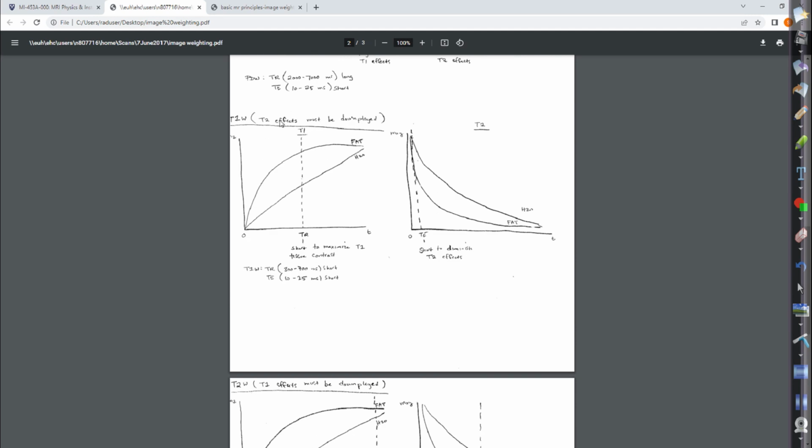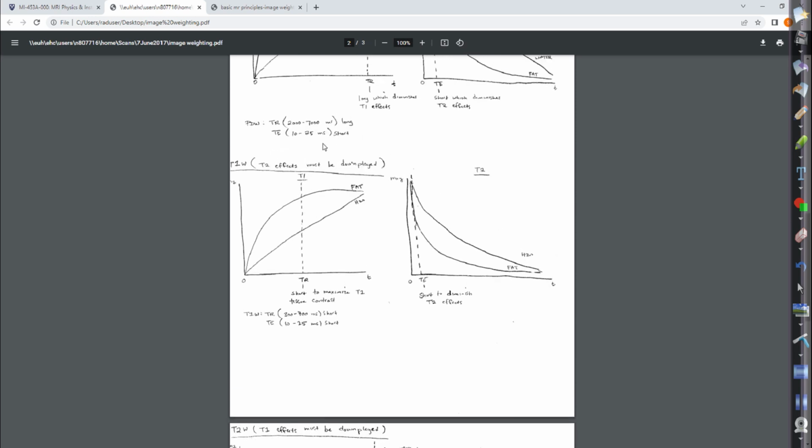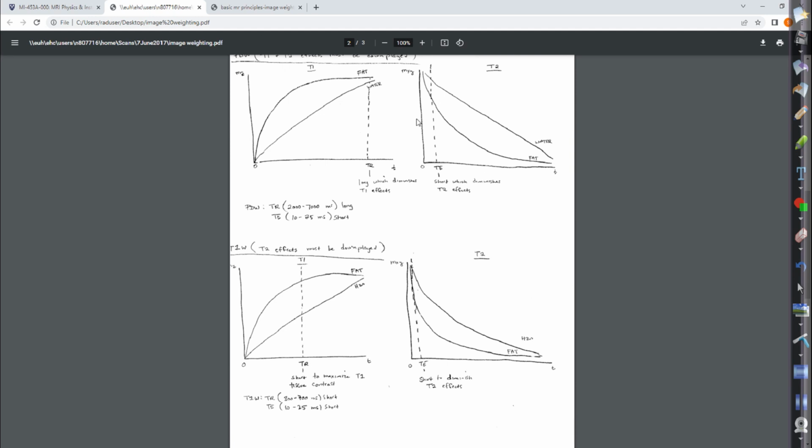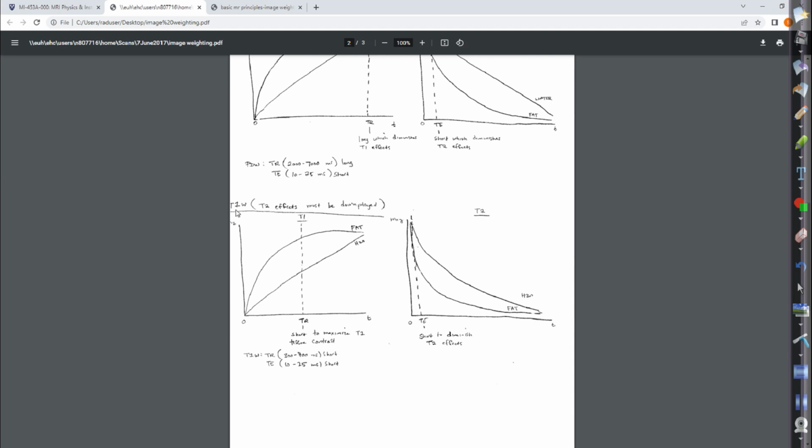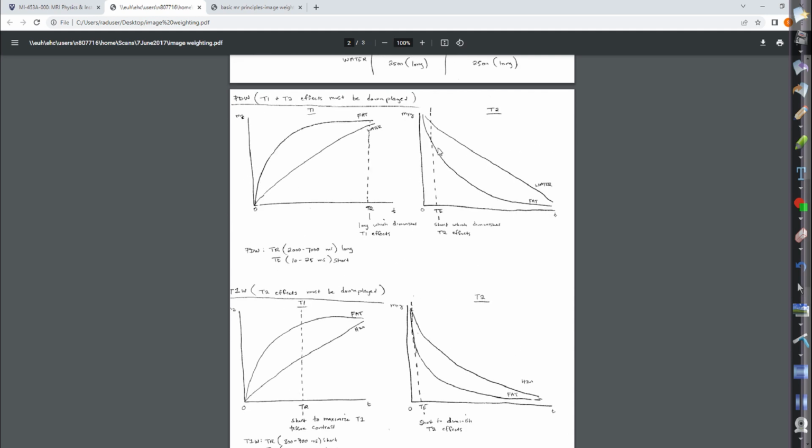And here we want to highlight T1 contrast, but we want to downplay the effects of T2. So just look at how in proton density we are downplaying both. But here with T1 we want to highlight our T1 contrast, but with our T2 it's no different. So you could basically just copy and paste this down here, and that's kind of what I did.